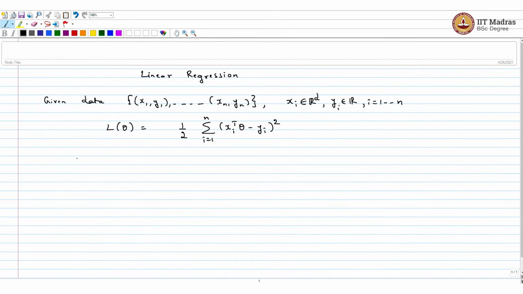So what you do is you make up this matrix. I want to minimize L. For this, define a matrix A as all these features stacked up as rows, x1 transpose until xn transpose.